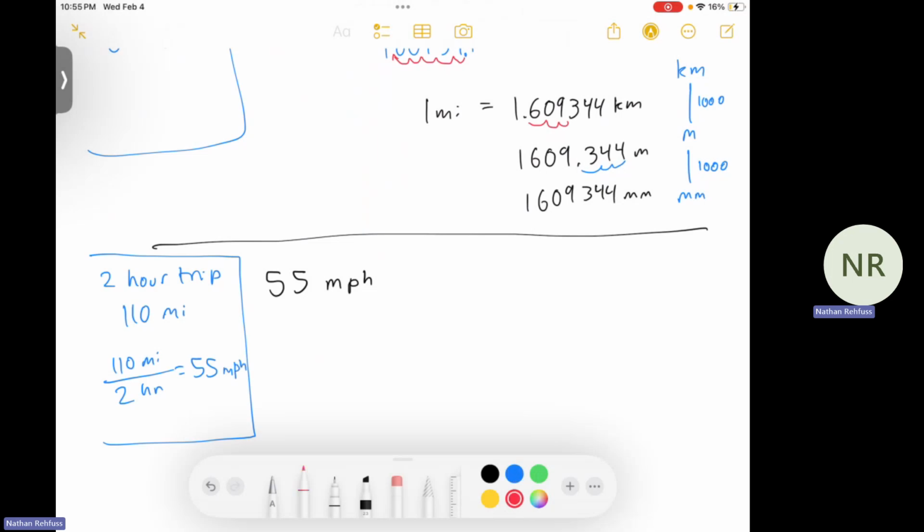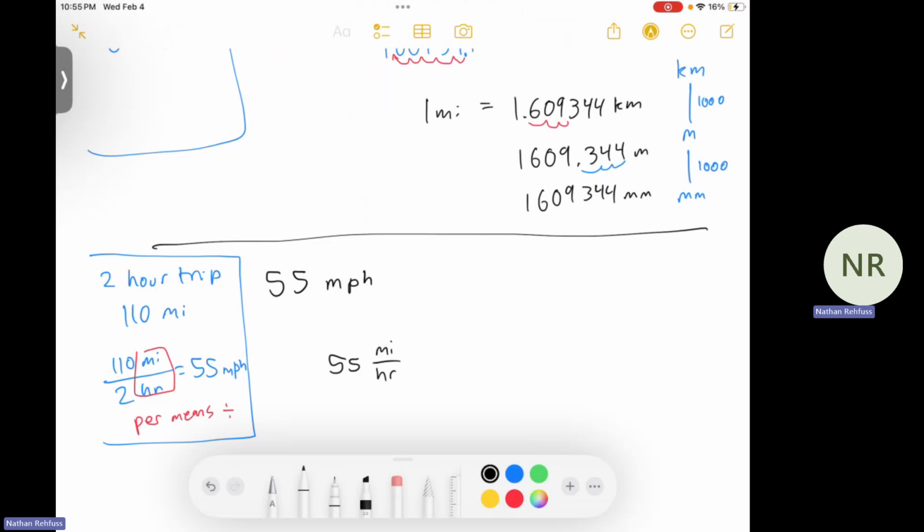But another way to write those units is miles divided by hour. Per means divide. So when I have 55 miles an hour, I can write that 55 miles divided by hours.